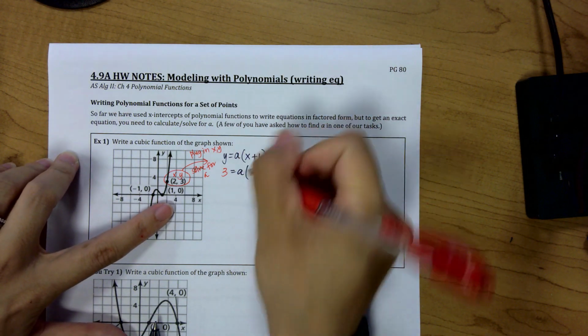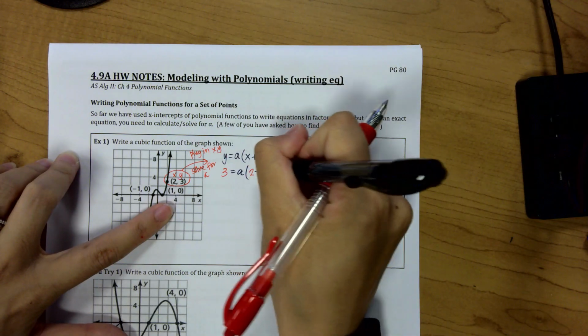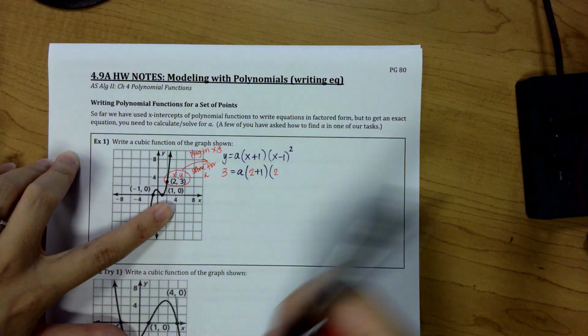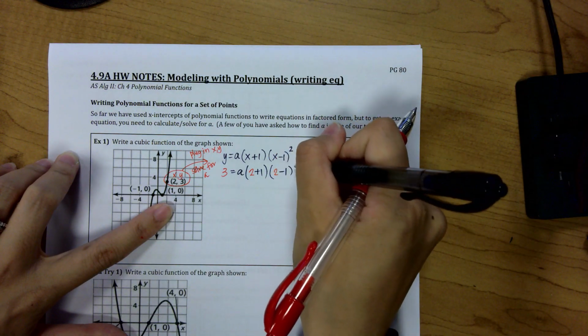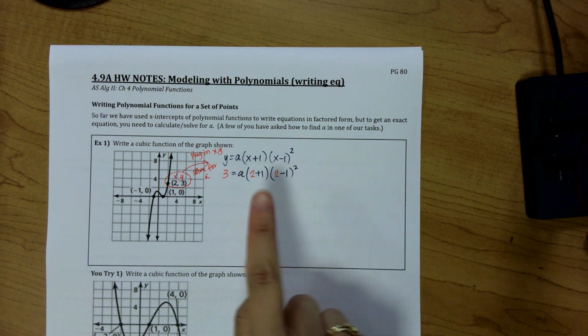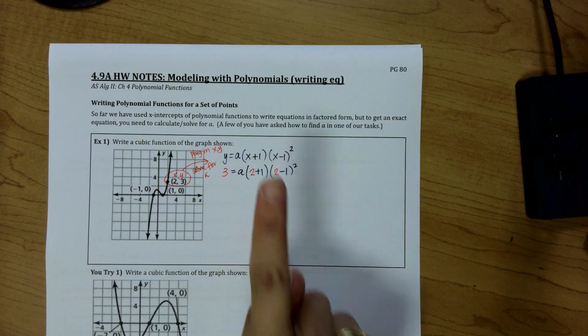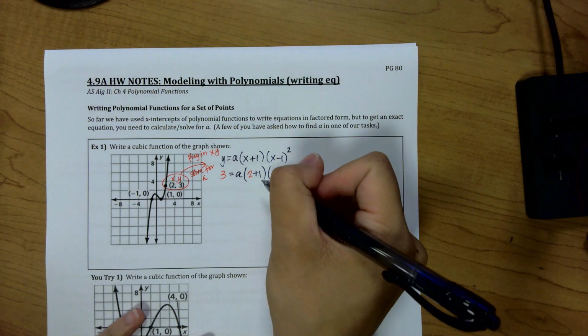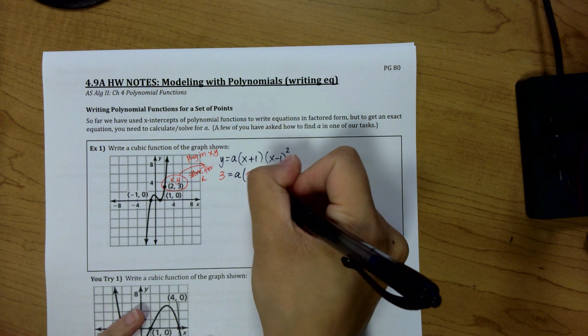So x is 2 plus 1. The other x is also 2 minus 1 squared. So this is just like chapter 2 where we only had one parentheses. Now let's solve and simplify. We're going to combine these two together.